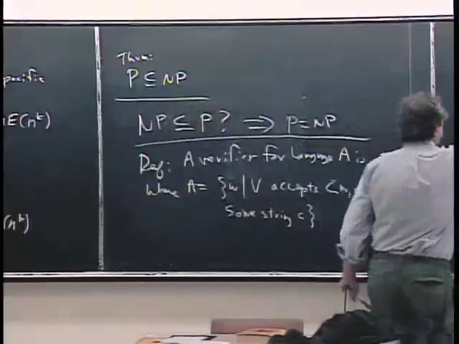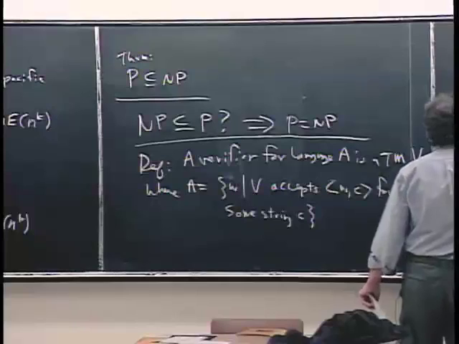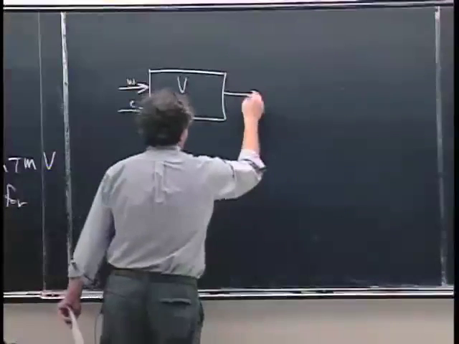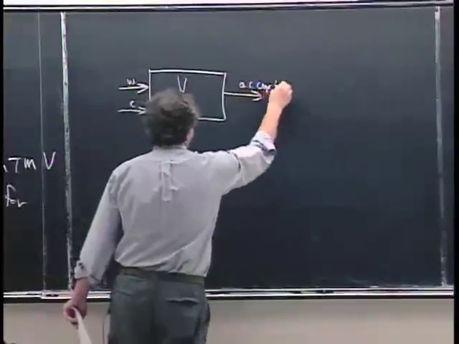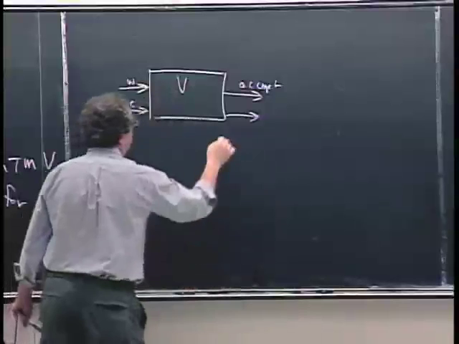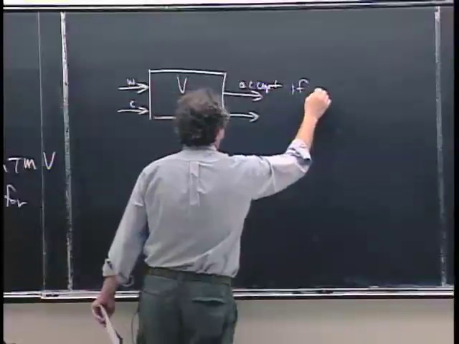So the picture looks like this. Here's our verifier, and in comes W, and in comes C, and then we accept, or we could reject or not even terminate. If we accept, what are we accepting?